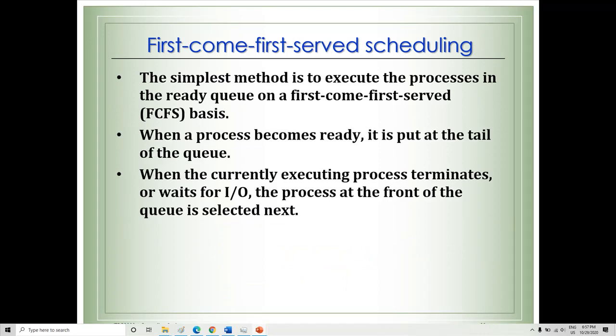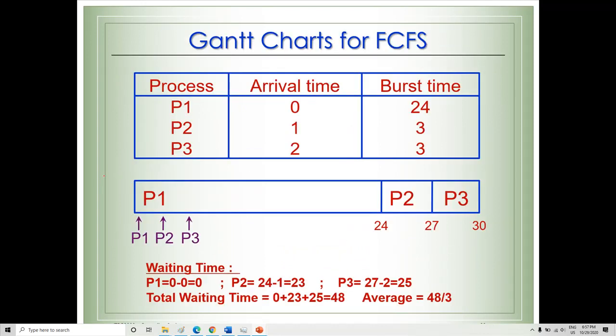So this is the Gantt chart. The chart what you see here is the Gantt chart. This is the input data for the algorithm. From that input data, to understand the behavior of the algorithm, we have to draw the Gantt chart. From that we can understand the order in which the processes would be allocated the CPU.